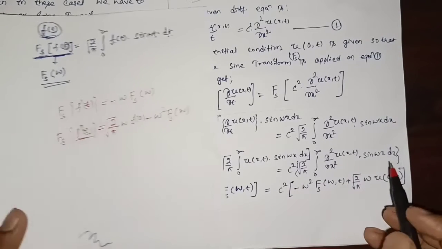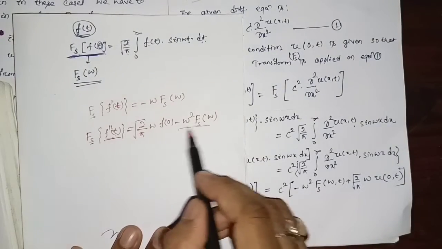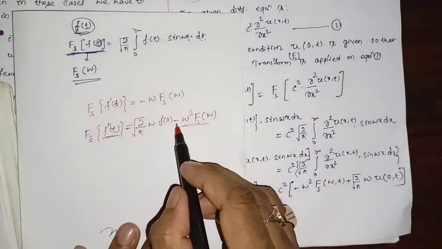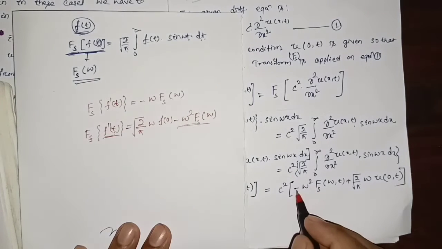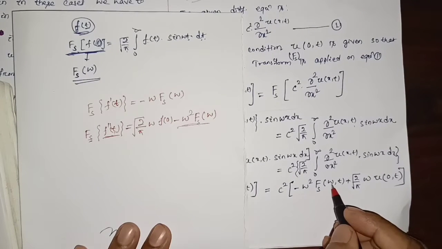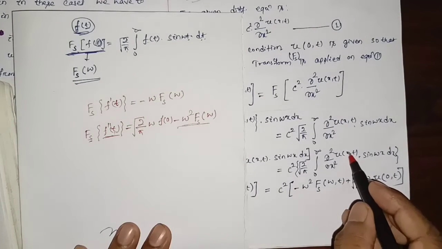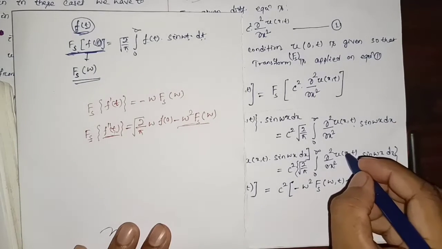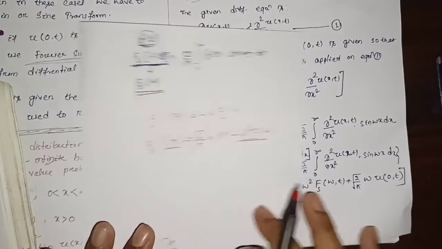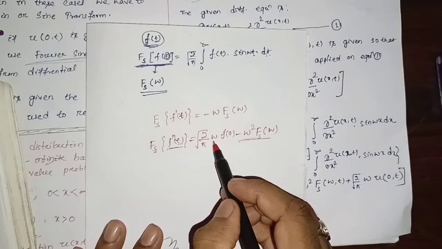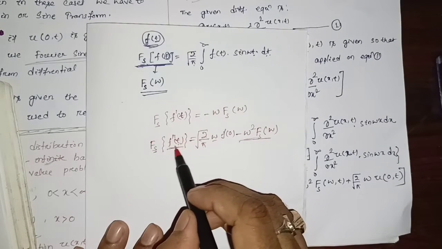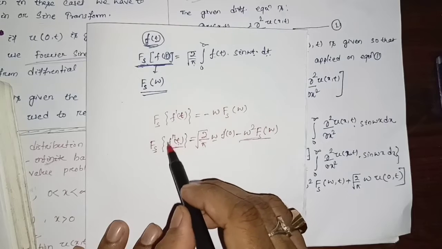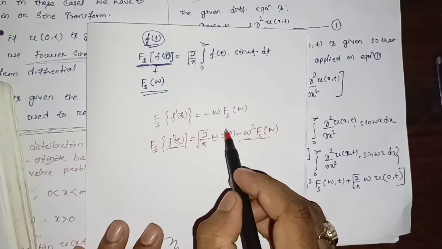Okay, so what we have to write? See, I wrote this term faster. So minus omega square Fs(omega) minus omega square Fs(omega, t). That means instead of x we have to write omega, and t stays t, right? And the second term is 2 by pi root over omega into the function small f(0).